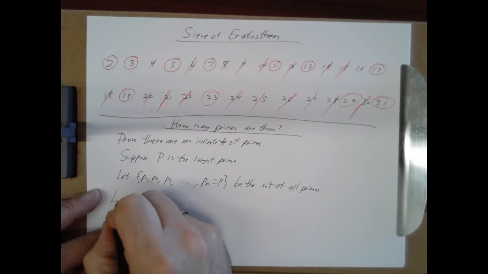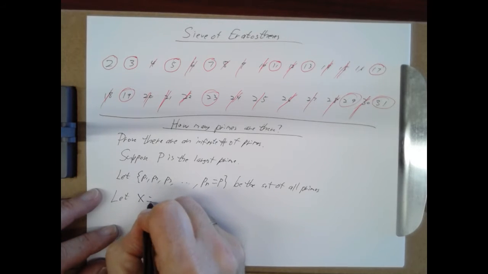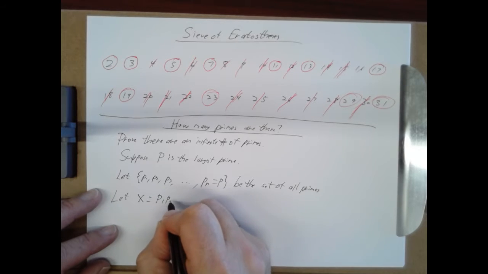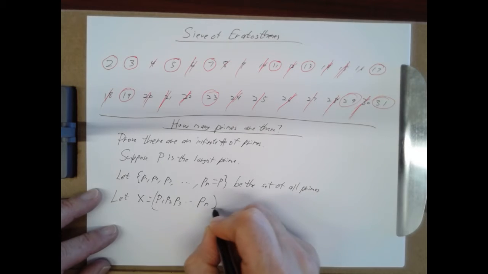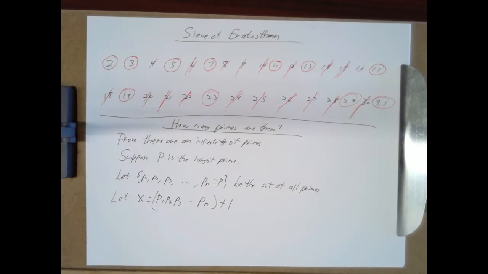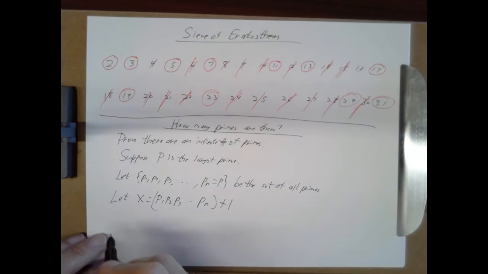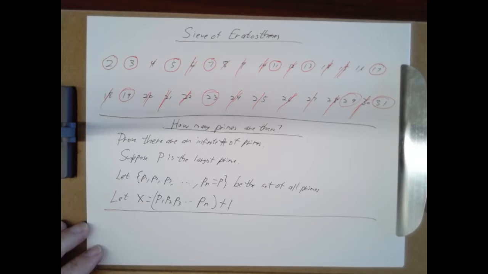Well, let X be the product of all those primes plus 1. All right, so X is the product of all known primes, all primes that exist, plus 1 more.